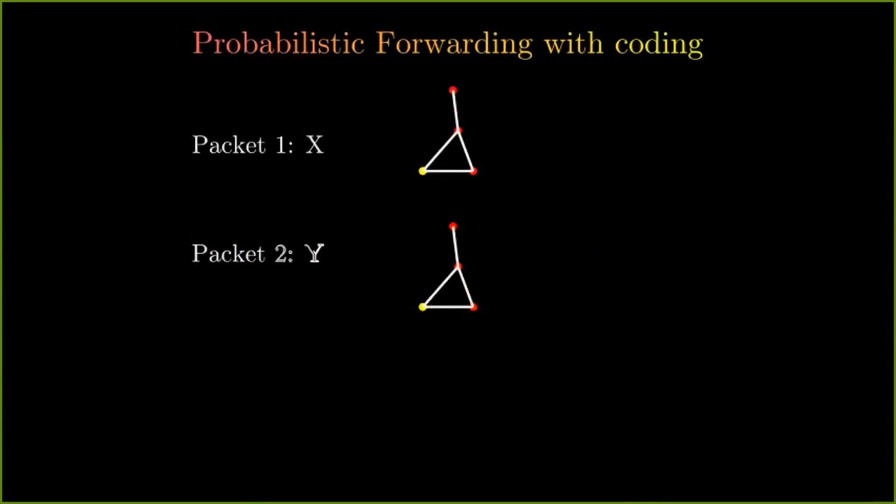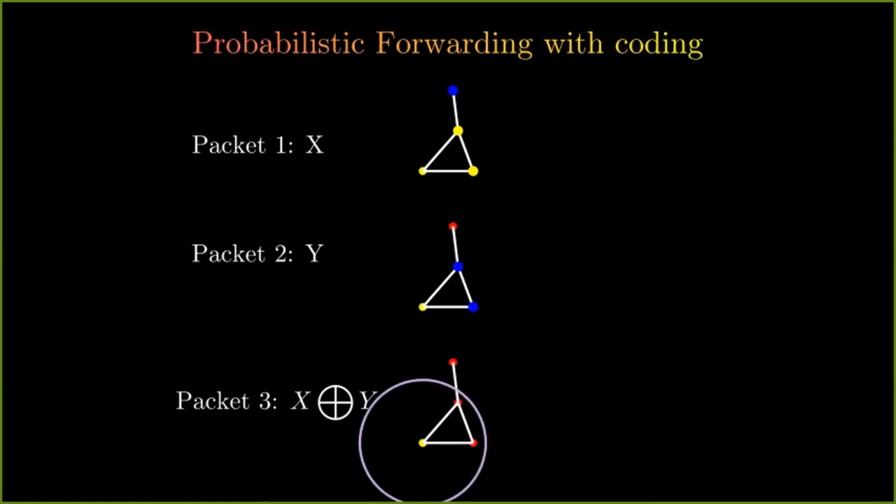Let's go back to our example of the 2 packets X and Y. In packet 1, all the nodes receive the packet information X from the source, whereas in packet 2, suppose both these nodes toss tails, then the node on top does not receive the packet. Now, to overcome this, initially the source encodes another packet with the information X plus Y and transmits it to all its neighbors.